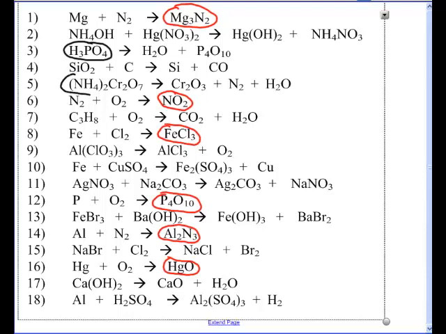There's a decomposition reaction. Again, we're looking for a reaction that has one reactant. Here's another one, and one last one right there. So those are the decomposition reactions. The key is one reactant.